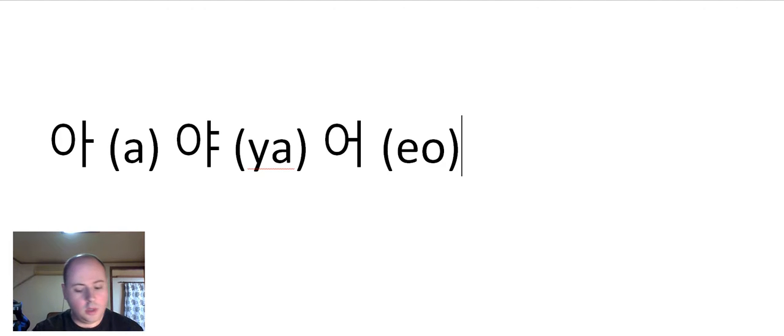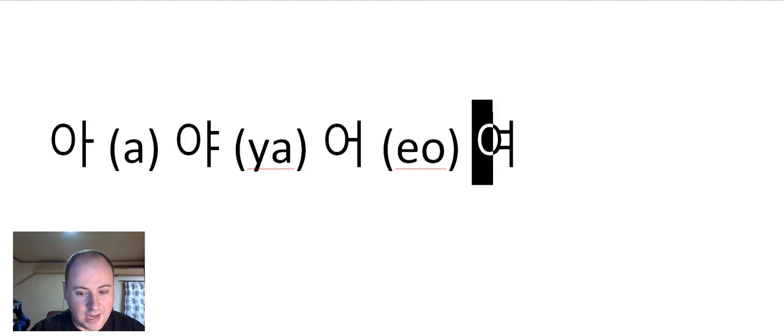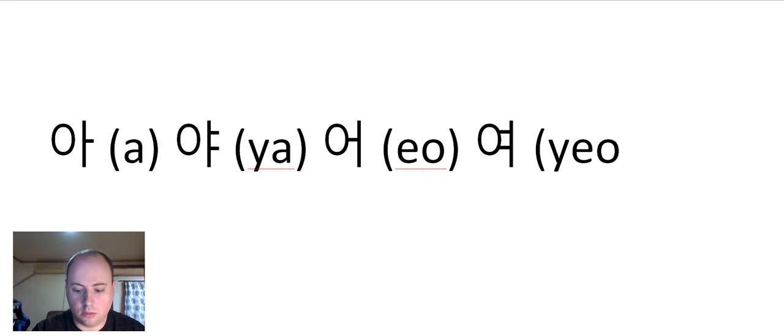O. And if we do the same thing, but with an extra dash going in that direction, we create yo. So we have a, ya, o, yo. Relatively simple.